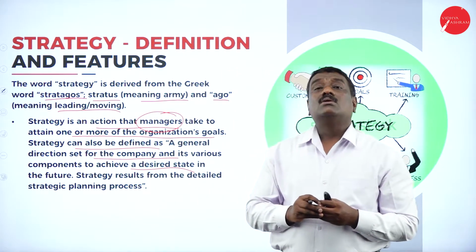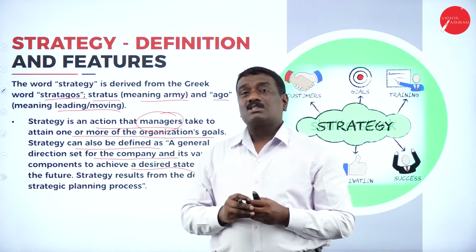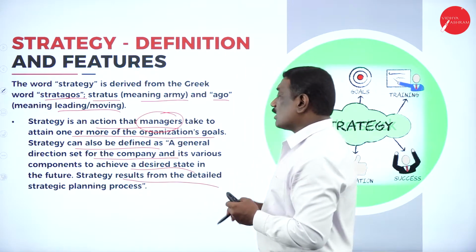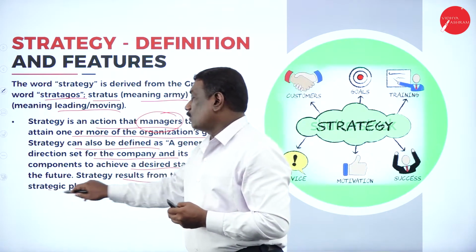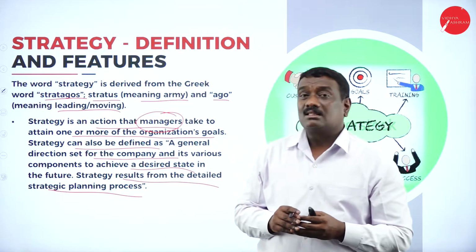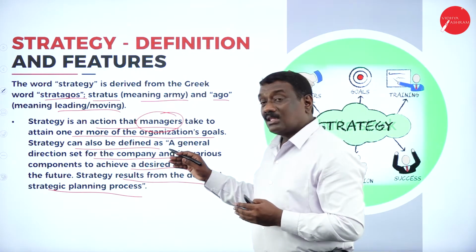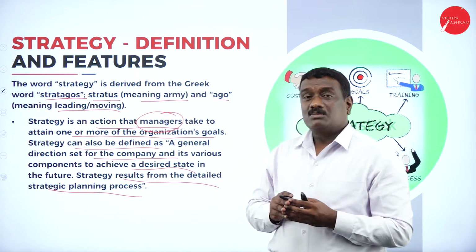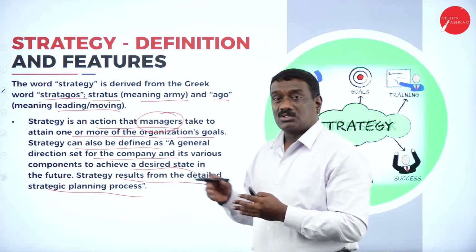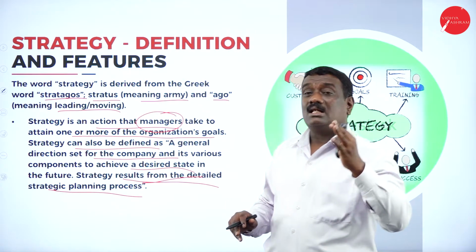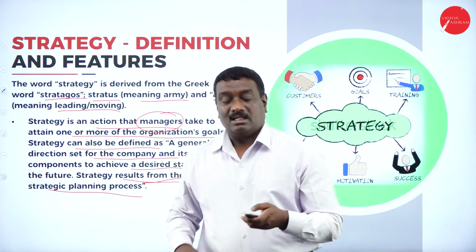For reaching that, you are going to implement these strategies in your organization. So strategies result from a detailed strategic planning process. How are you going to form this strategy? Strategies are the guidelines or the actions which are put into force, and thereby this results in detailed strategic planning.